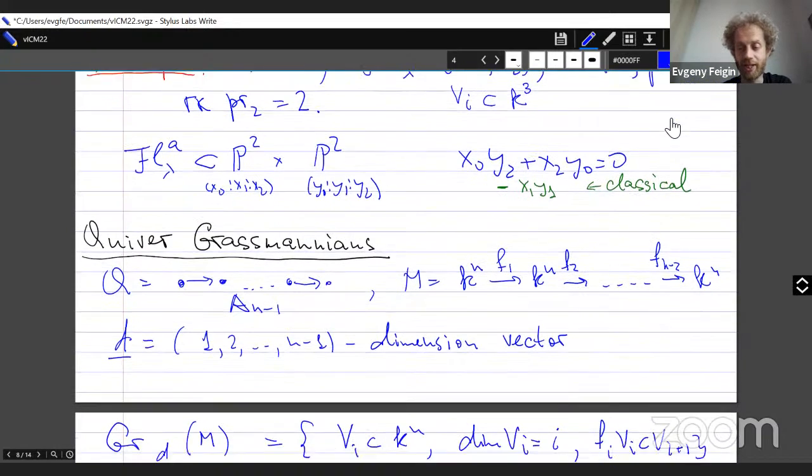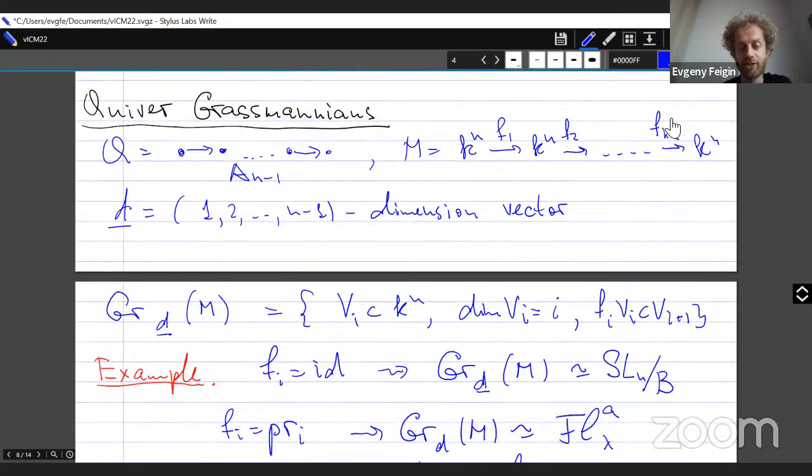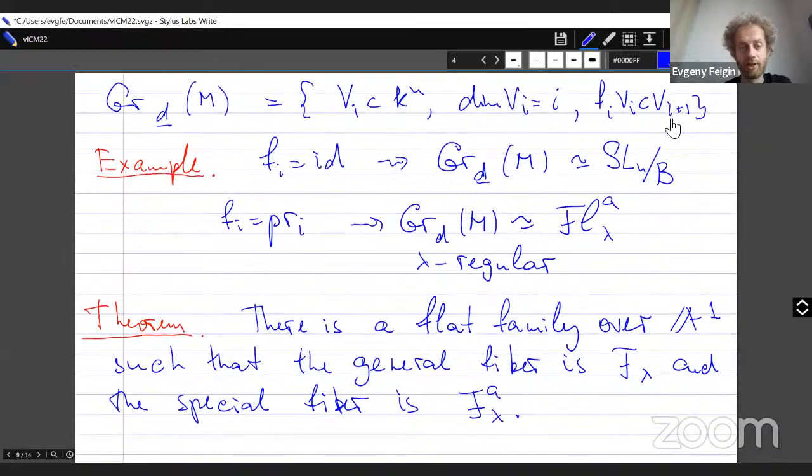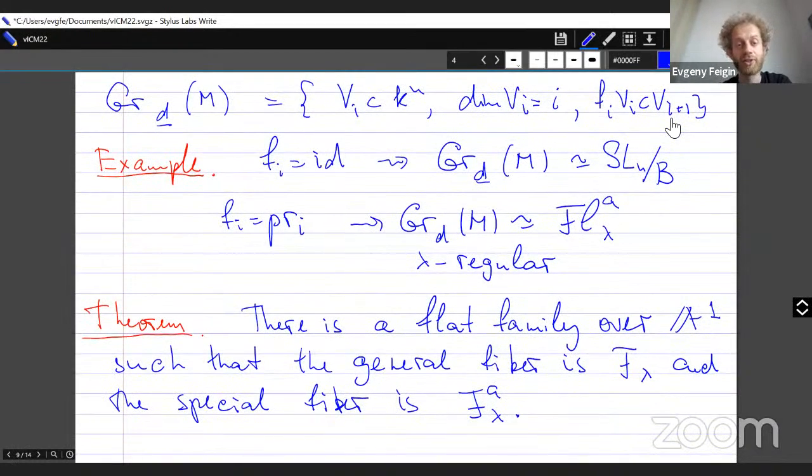And to this data, we attach a Quiver Grassmannian. So this is denoted by Gr_d(M). So these are collections of subspaces Vi in our n-dimensional vector spaces.